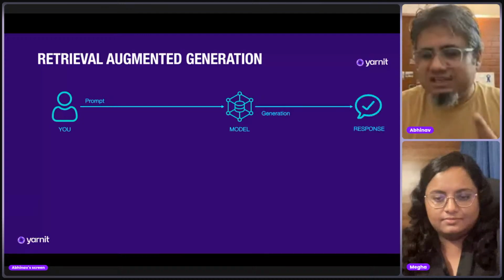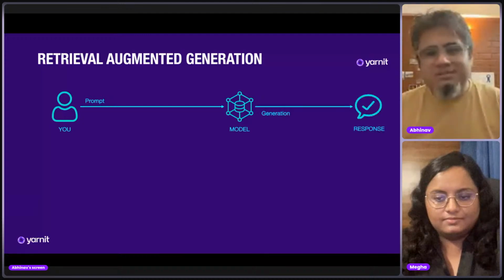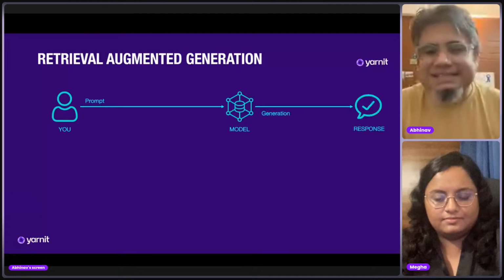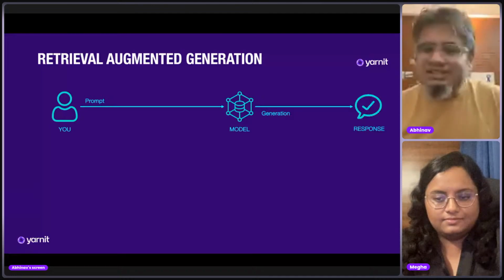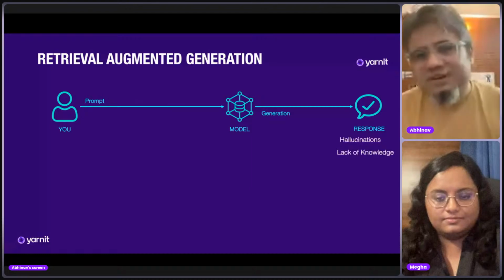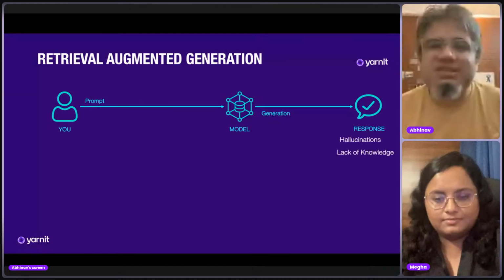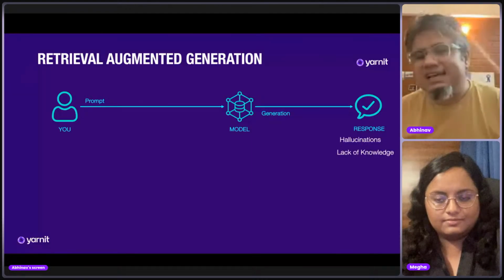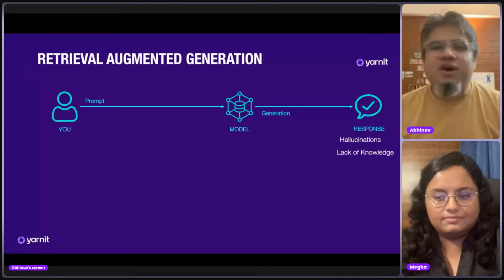But what we have been discussing as the mismatched reality of LLM generation is that sometimes it's not true. The model hallucinates, it does not have all the knowledge that we expect it to have, so we can't really use it.